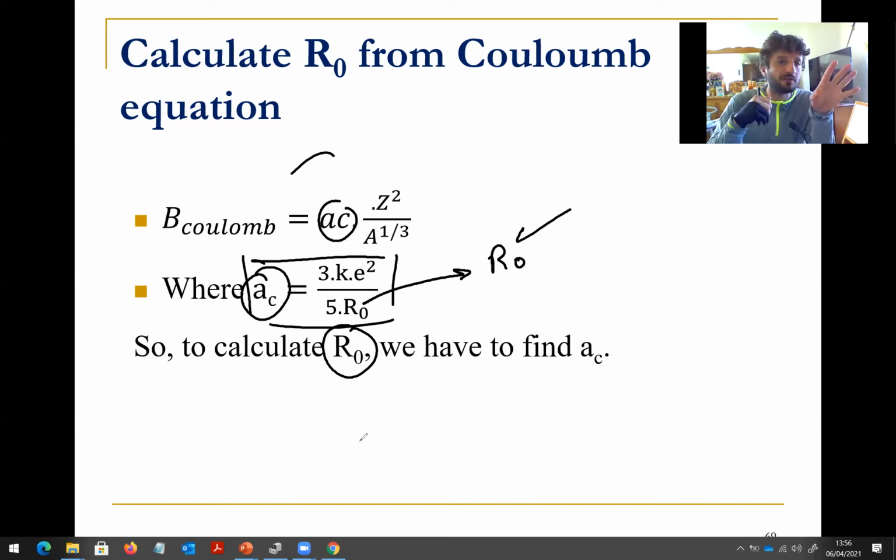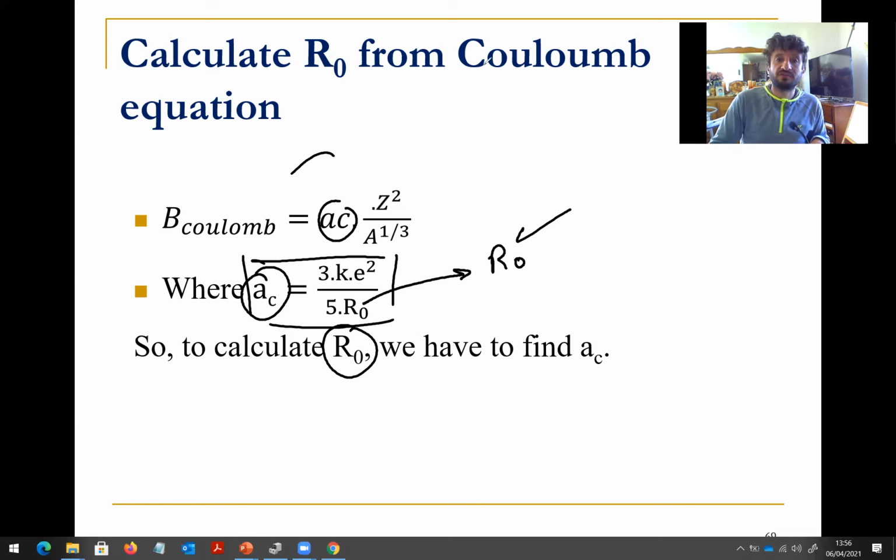If I ask you to find this expression, you have to follow all the steps to find this relation. You have to find B Coulomb. Maybe you can have some problem in the exam or in the TD to calculate B Coulomb in terms of AC. Or I ask you to find AC.